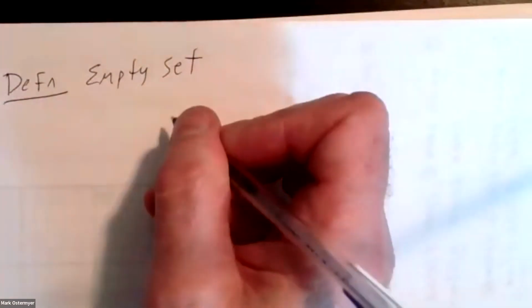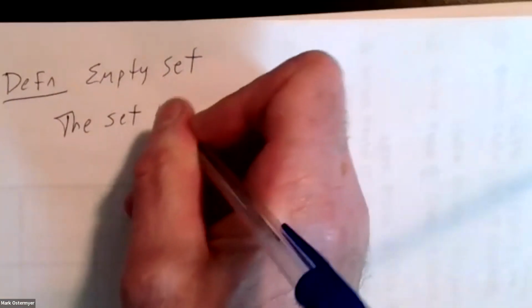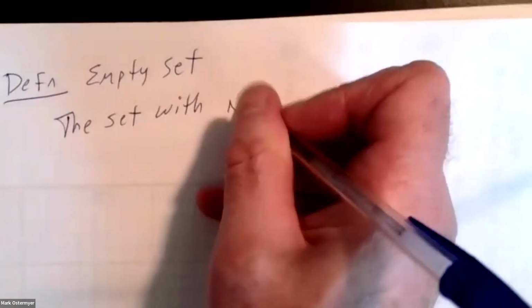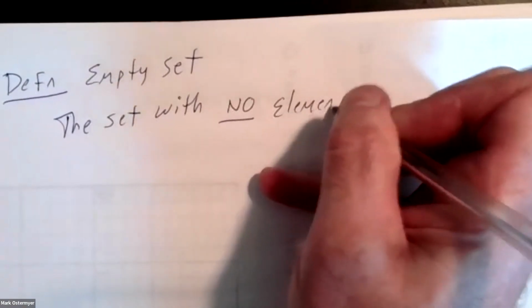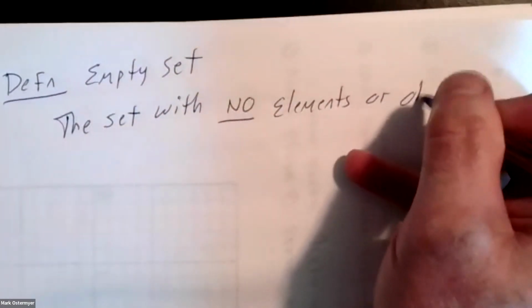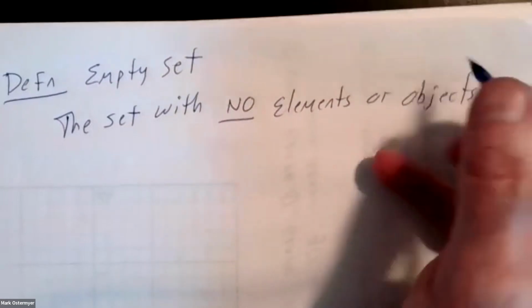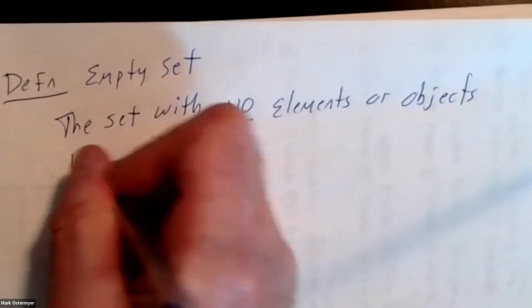All right, now I'm going to define for you an important set that does occur quite a bit. So this is a definition of what's called the empty set. The empty set is the set with no elements or objects in it.